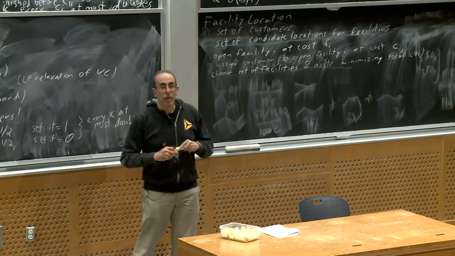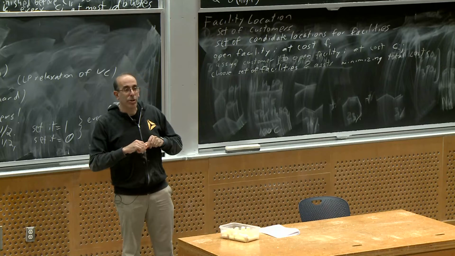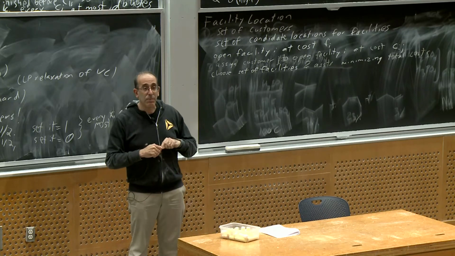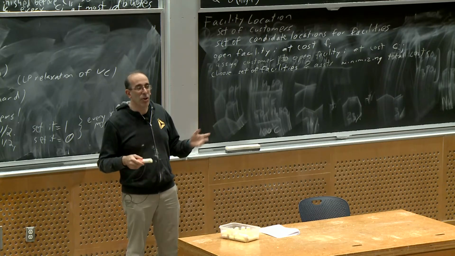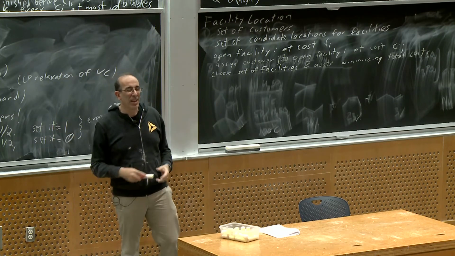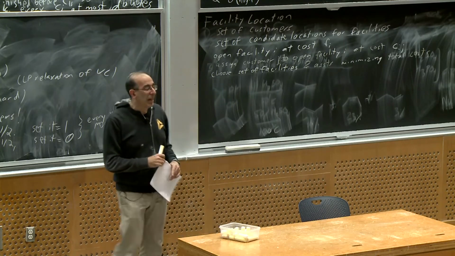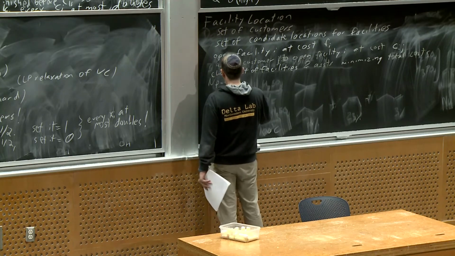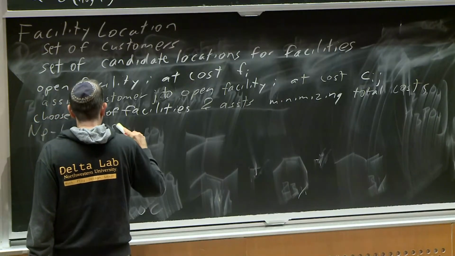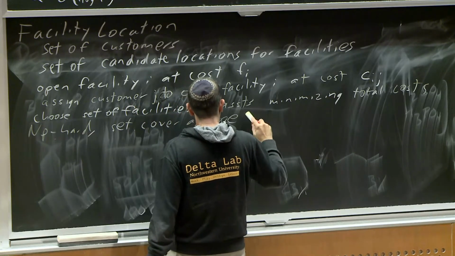Okay? So this problem is NP-hard. You can actually get set cover as a special case of this problem. You can think of your sets as facilities that you're opening to cover the members of the sets. So NP-hard, set cover as a special case.